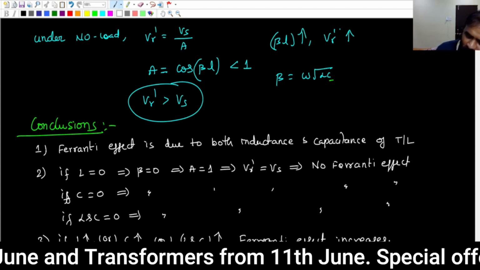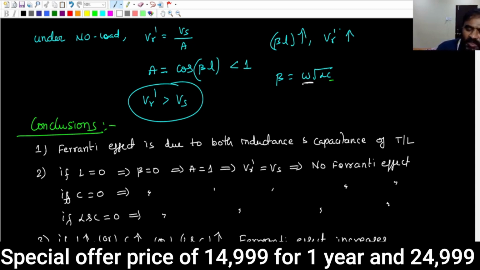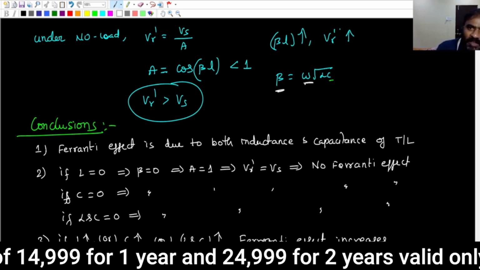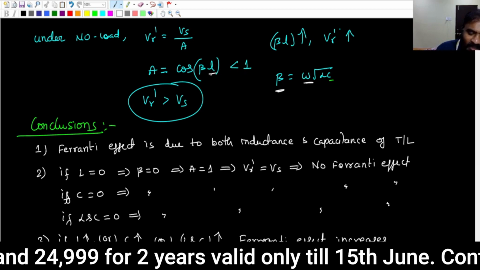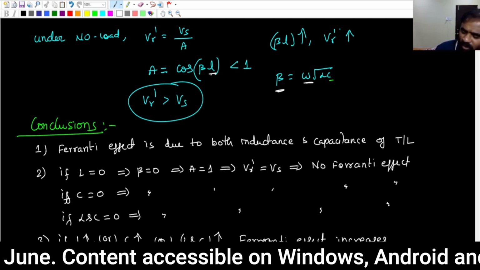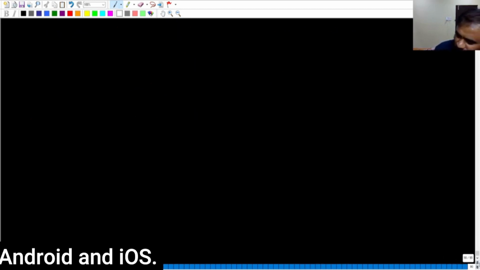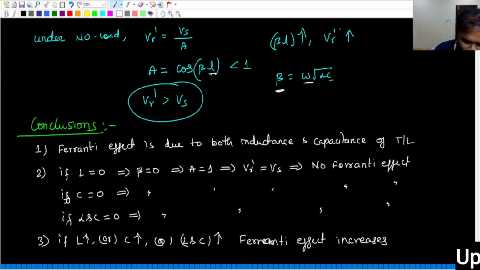So that's why we say the Ferranti effect increases. Suppose the frequency increases, beta increases, the Ferranti effect increases. If the length of the line increases, beta will increase, A decreases, the Ferranti effect increases. So all these things we can write now. Next one is conclusion number 4.